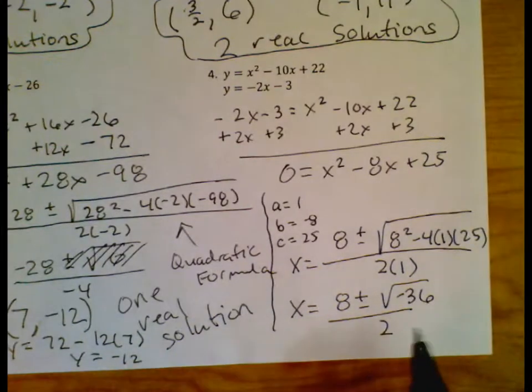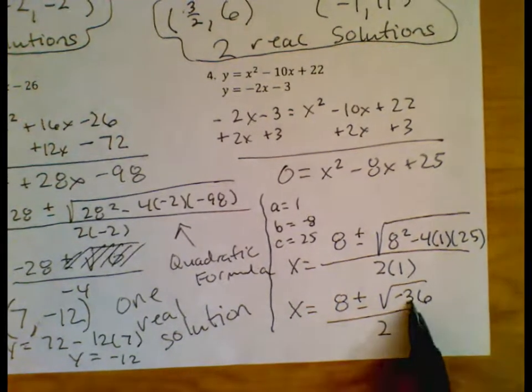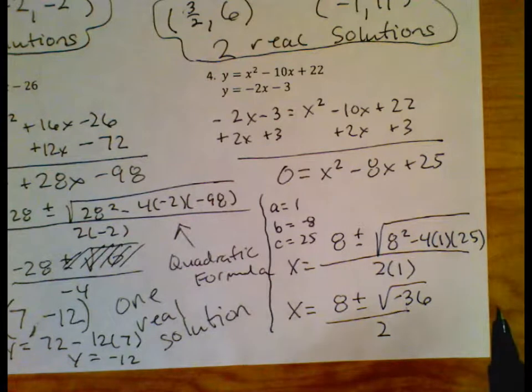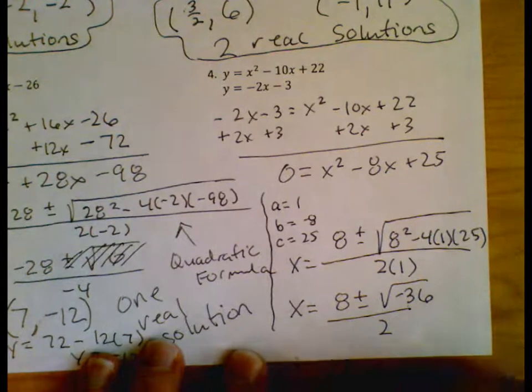Now right there, you guys should notice you have a negative under the radical, which is going to generate an imaginary solution. So there is no way you're going to get a real solution on this, and we can't really leave our answers in terms of i when we're talking about the traditional coordinate plane with the xy axes. So this one has no real solution.